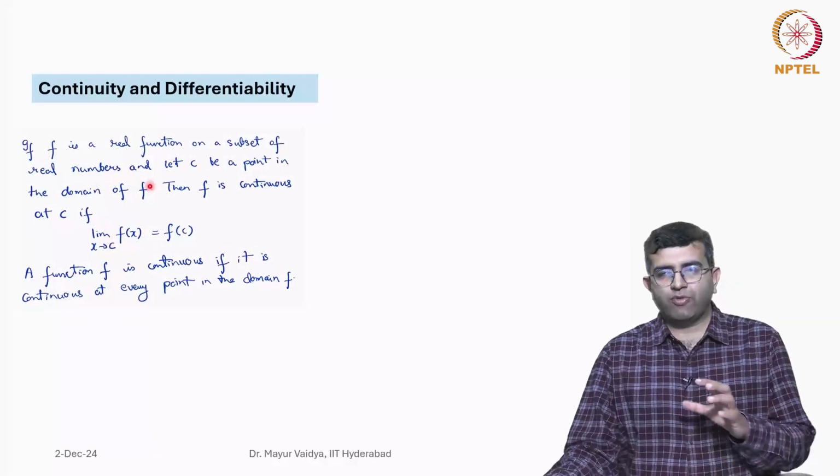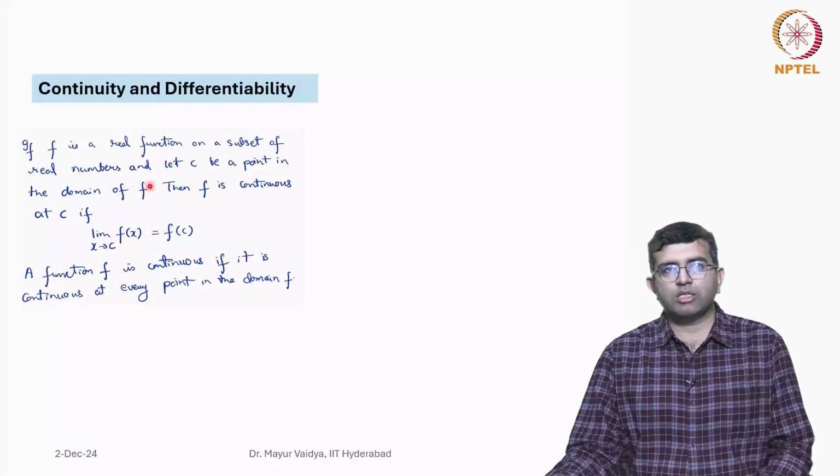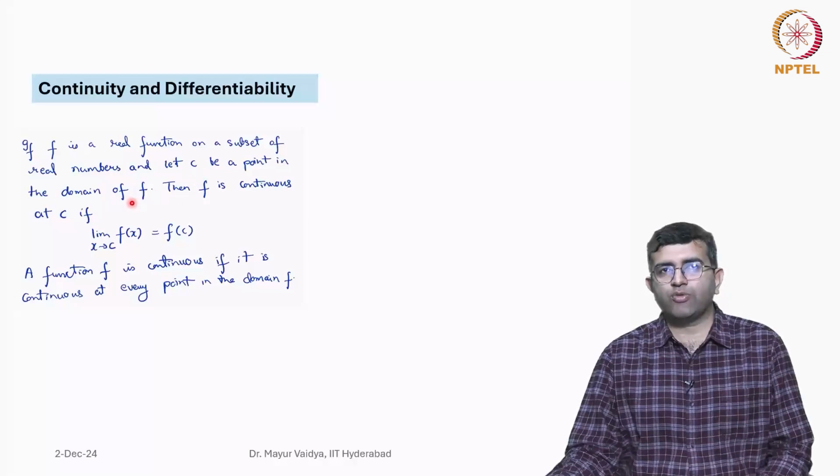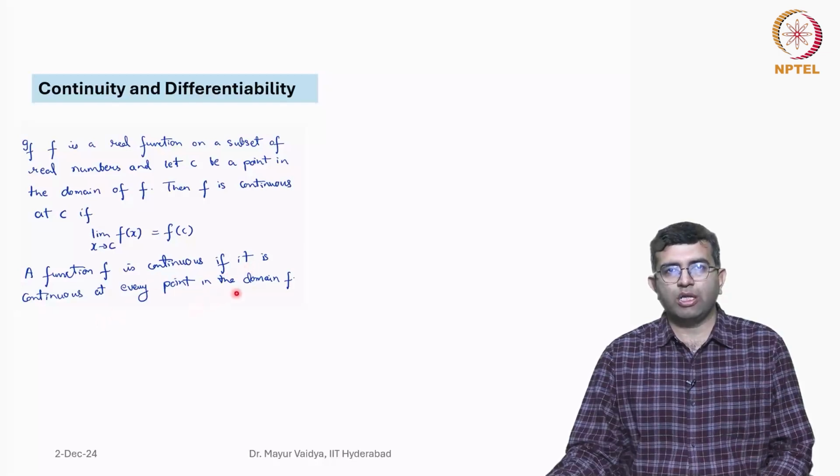This is the definition of a continuous function: if f is a real function on a subset of real numbers, and a point C lies in the domain of f, then f is continuous at C if the limit as x tends to C of f of x is equal to f of C. And a function f is continuous if it is continuous at every point in the domain.